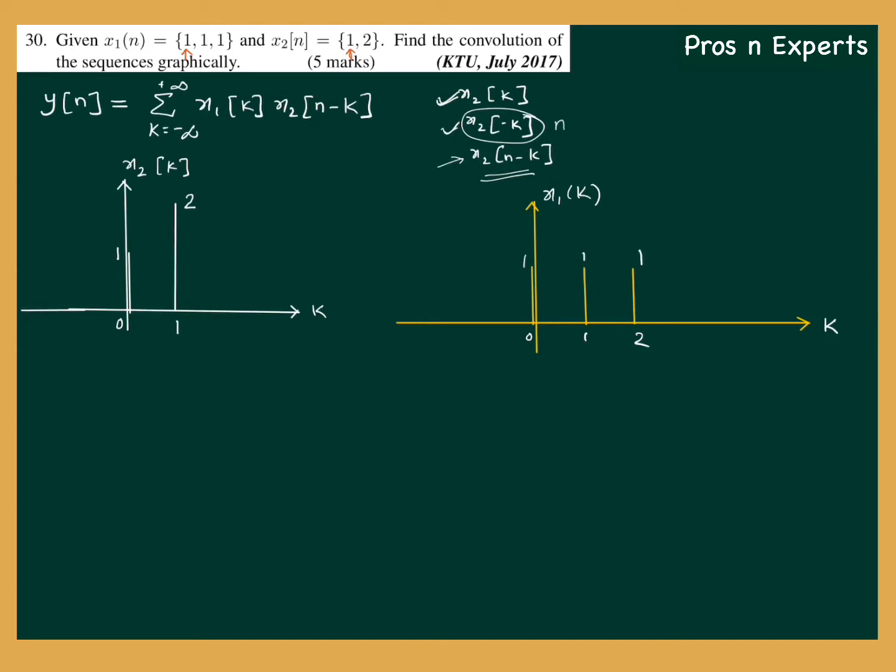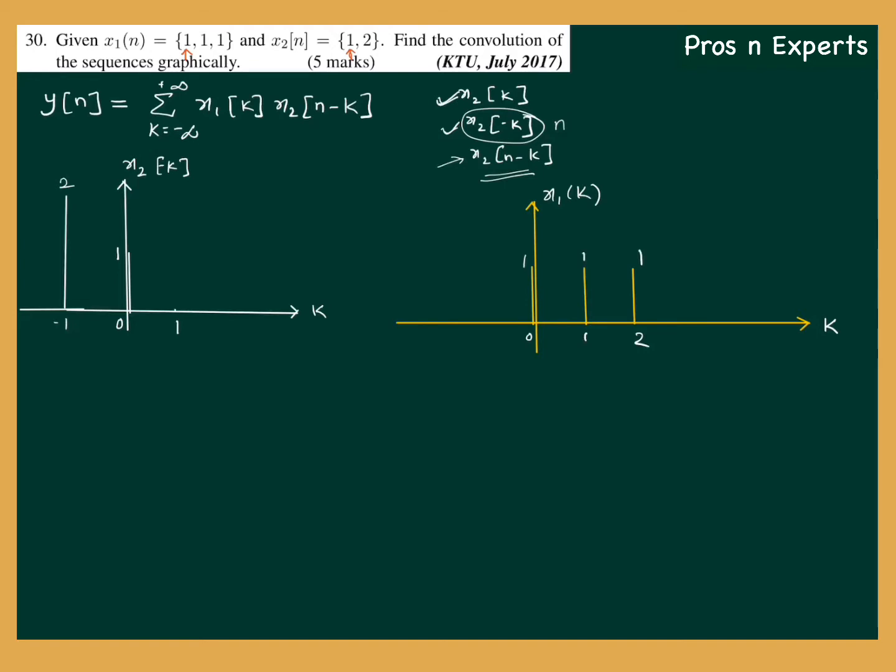To find x2 of minus k from x2 of k, just fold this signal about the y-axis. The sample at k equal to 0 remains itself, but the sample at k equal to 1 falls to k equal to minus 1. So x2 of minus k comes like this.